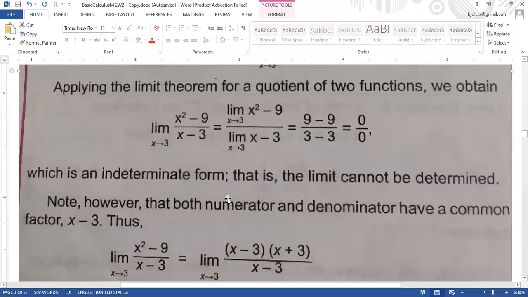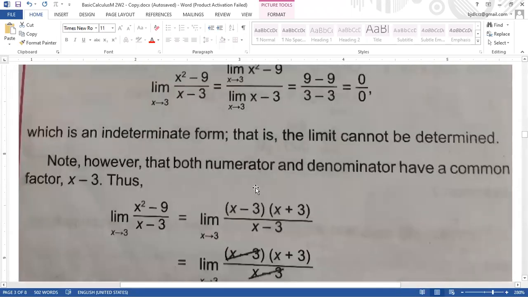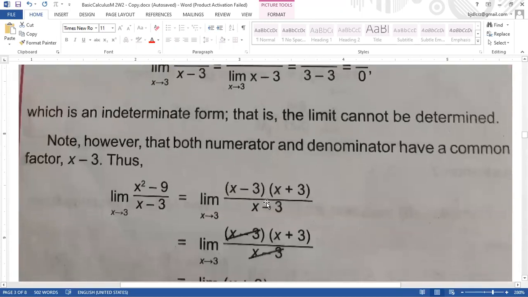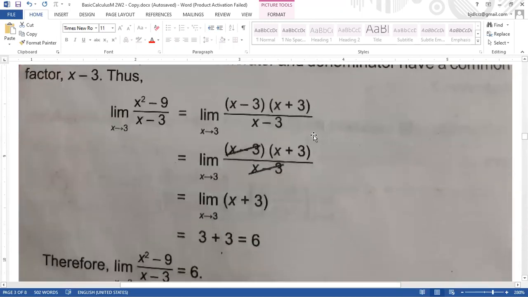Kailangan dili does not exist. Dili DNE. Maong kinahanglan i-factor, kailangan nato pangitaon ang iyahang factor or ma-cancel ang iyahang equations. Ang main goal nato ani is to cancel the denominator.